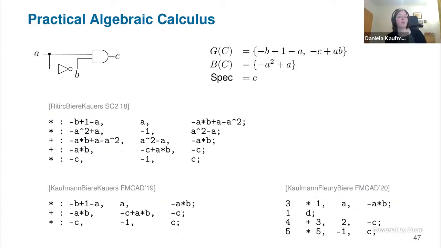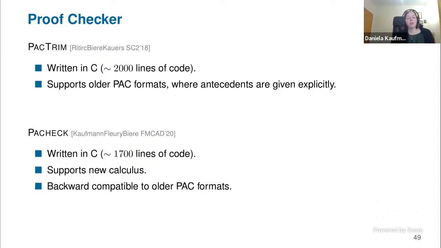For checking these proofs, we implemented proof checkers. The first one is Spectrum, which worked on our initial proof system, so it supports only the older PEG formats. Our most recent one is PEG-check, which supports the new calculus, but is also backward compatible to the older PEG formats. And as I said, after the break, I will go into more detail about the proof logging.